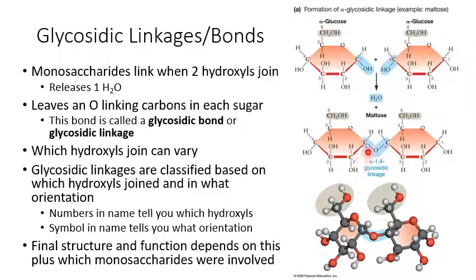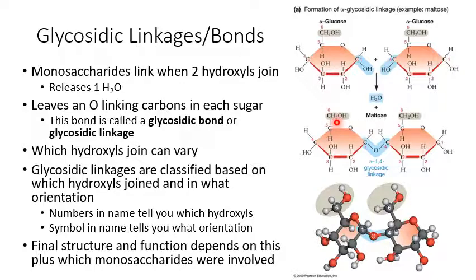We call it a 1,4 linkage because it's between the first carbon on one glucose and the fourth carbon on the other glucose. So those are the two hydroxyl groups that initially reacted to form the glycosidic linkage. And then the symbol, the alpha, indicates that both glucose molecules are facing the same way in the bond. So you can see each of them has their last carbon, their sixth carbon, sticking up above the ring.